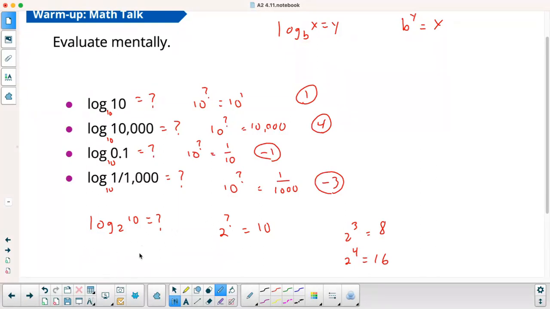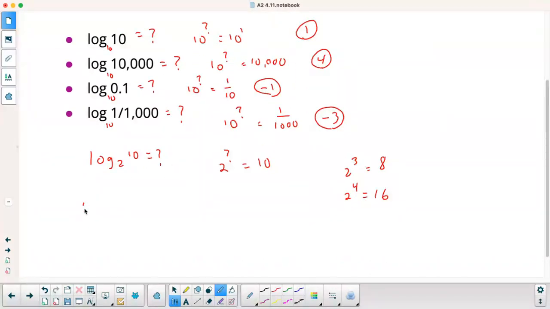This is actually called the change of base rule. If I have log base b of a, I can change that into log base m of a over log base m of b.